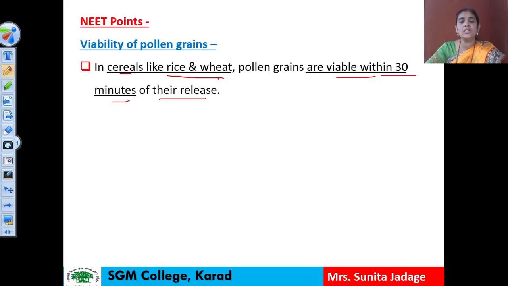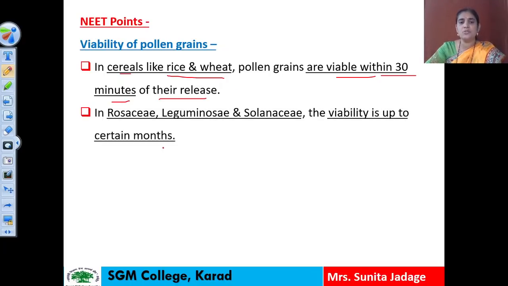It is showing only 30 minutes of viability of the pollen grain. But in some cases you can see the families like Rosaceae, Leguminosae and Solanaceae, the pollen grains from these families are showing viability of certain months, meaning up to certain months the pollen grains remain viable.